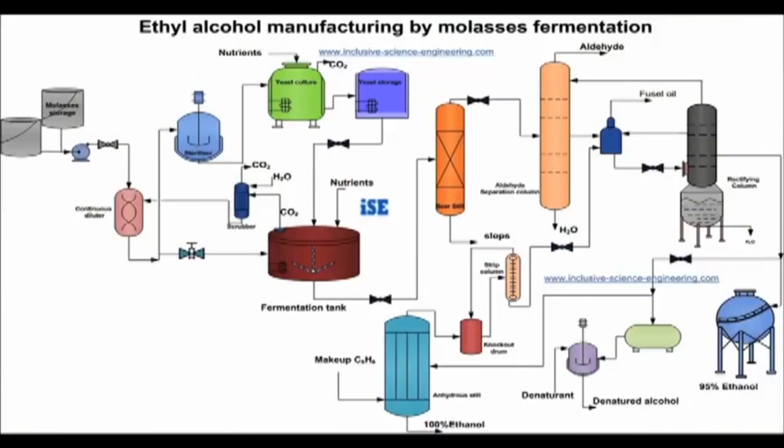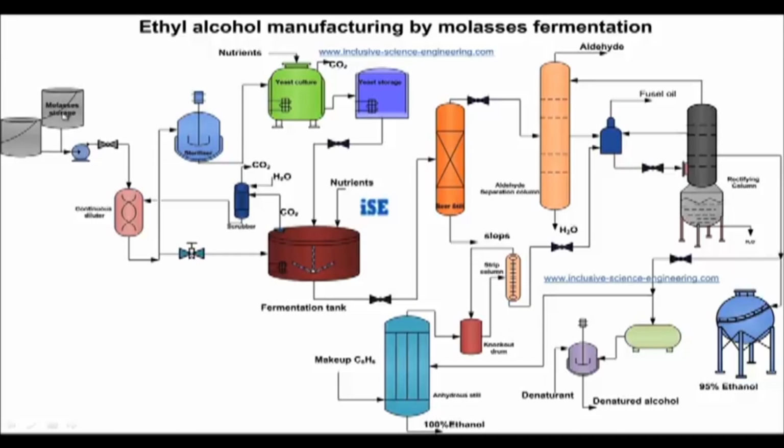So every industry has a molasses storage tank just in front of their main gate, a huge, very big tank, where they store the cane molasses for the whole year. Then, with the help of a pump, since it is a very viscous liquid, we use a gear pump, a special type of pump used for moving viscous liquid from one place to another, and we take it to the molasses measuring tank, where before fermentation we take the desired amount of molasses, dilute it, add some nutrient, and then put it into the fermentation vessel. So it is like this.